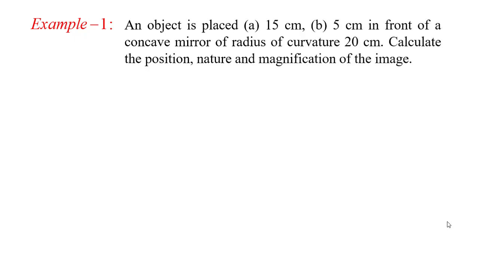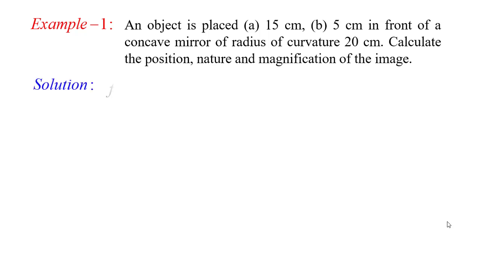So let us concretize what we have seen with examples. Example 1: an object is placed A, 15 centimeters, B, 5 centimeters in front of a concave mirror of radius of curvature 20 centimeters. Calculate the position, nature, and the magnification of the image.